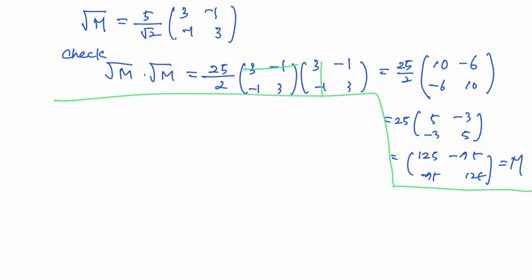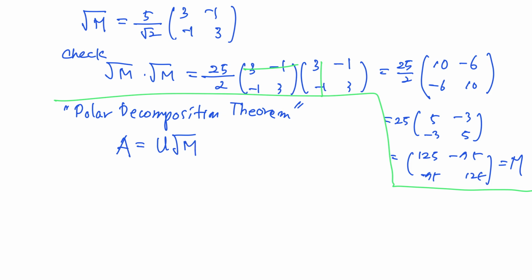Then we have the following polar decomposition theorem. That is, A is given by U times the square root of m, with U some unitary matrix.